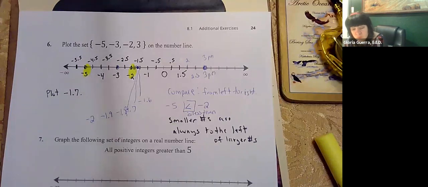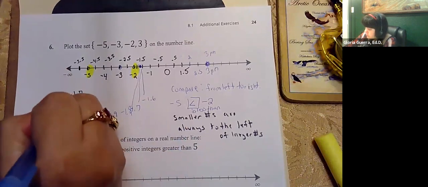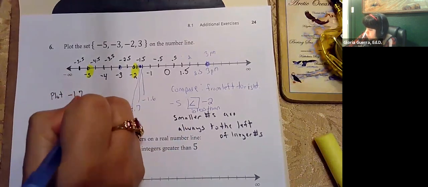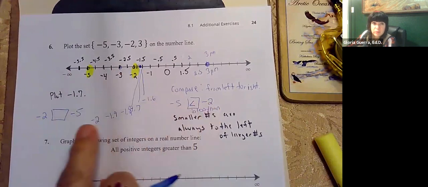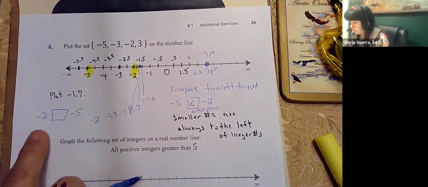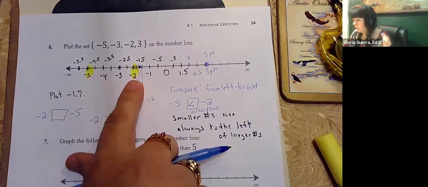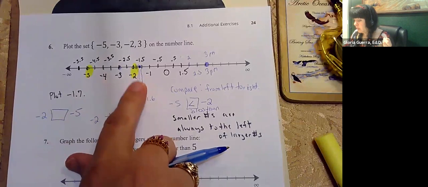Now, what I also could do is use these same two numbers, but just put it in a different order. See, these are basically the two numbers that we just used, but I switched the position. So the notes say when you're comparing, you're comparing them from left to right. So -2 still here, -5 is still here, but now this is smaller. So this is the less than.